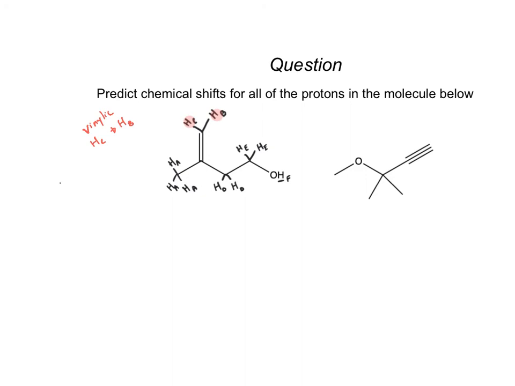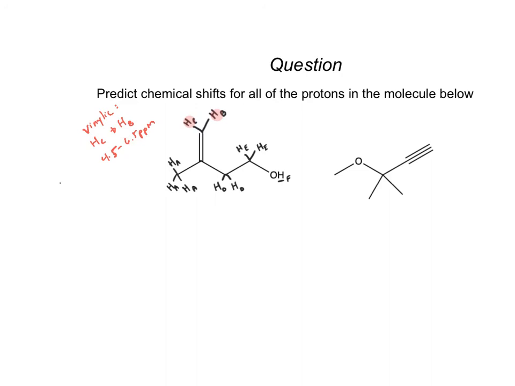In that table, it tells us the vinylic protons show up at about 4.5 to 6.5. We can't do any better than that, right? If I said, where do you expect to find these two protons in terms of their chemical shifts, that's the range you would have to give me, because there's not much else I can do.